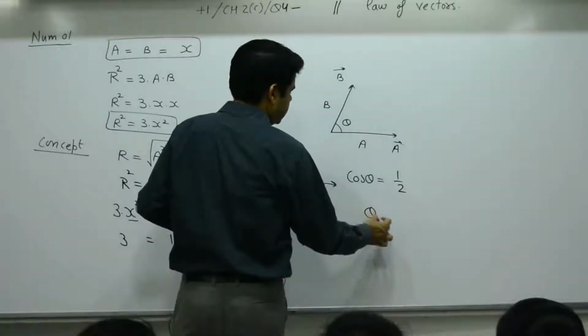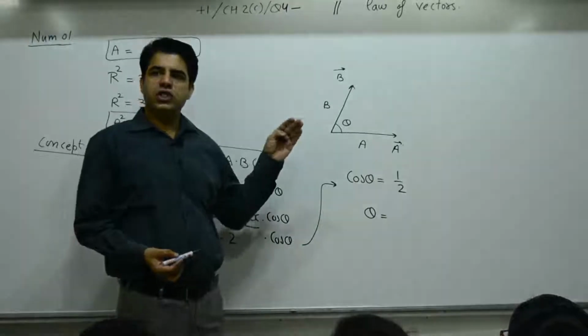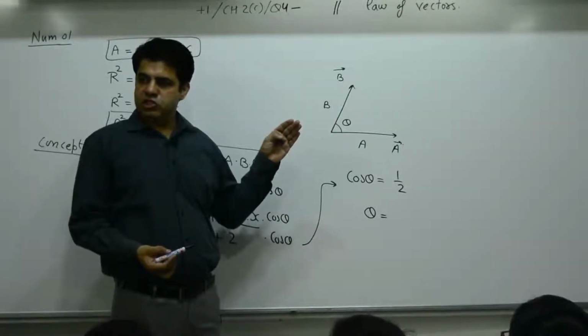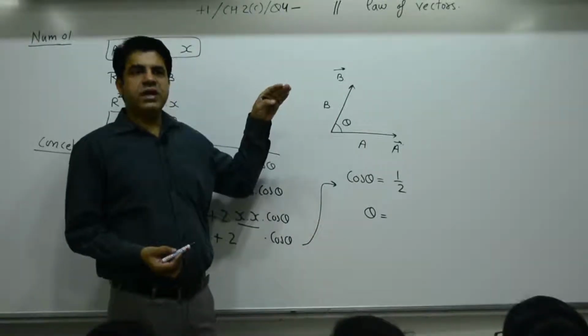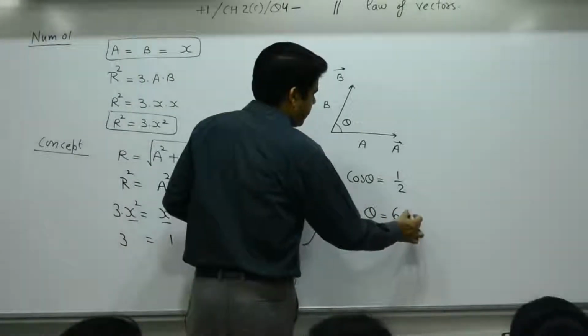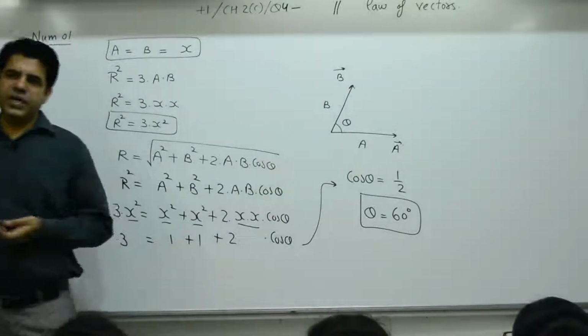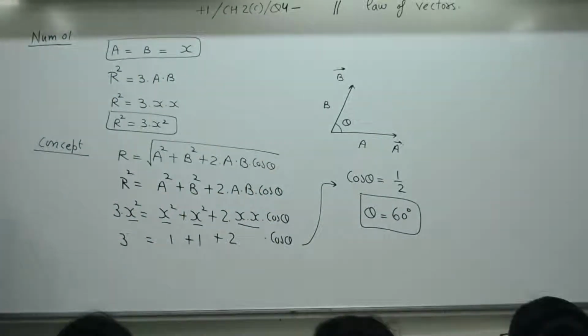Now theta, if it is after school to college, first quadrant possibility: theta is equal to what? 60 degree. We consider angle magnitude only, whether it is plus 60 or minus, that makes no difference. The angle between A and B is 60 degree.